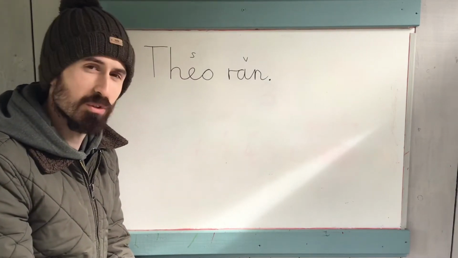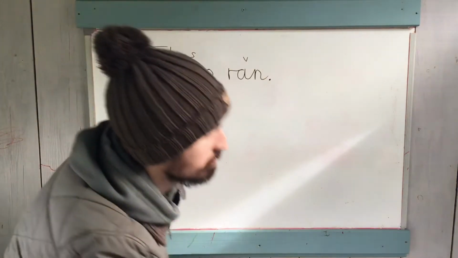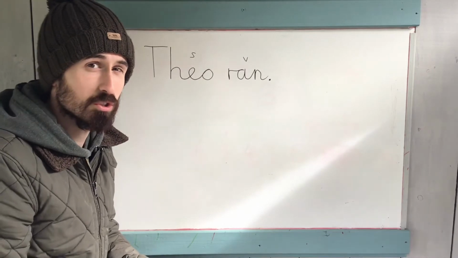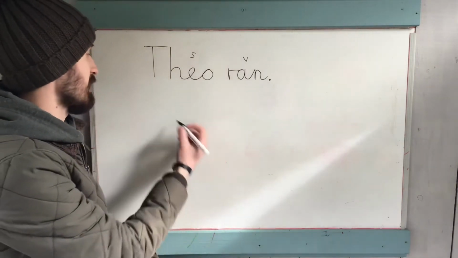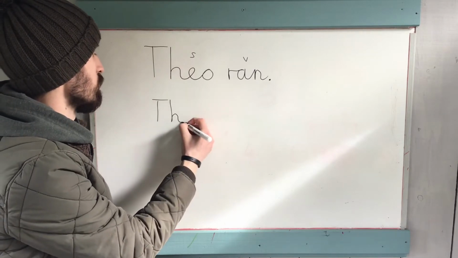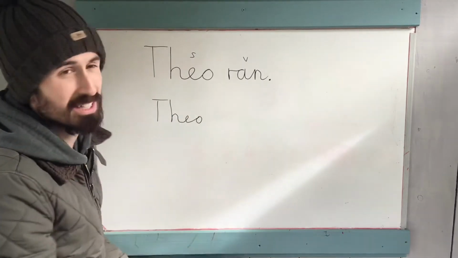So what we look to do with relative clauses is add further information into a sentence, specifically about the subject. In this case, if we were rewriting this sentence, we want to give more information about this subject Theo.